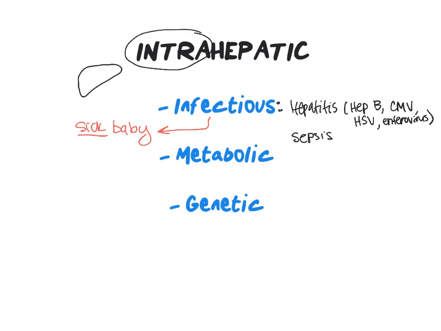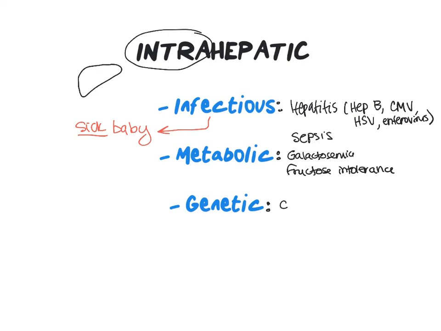Metabolic causes for intrahepatic direct hyperbilirubinemia is usually going to be your sugar problems, so galactosemia or a fructose intolerance. And then there are a few genetic problems that can also cause intrahepatic problems leading to direct hyperbilirubinemia.